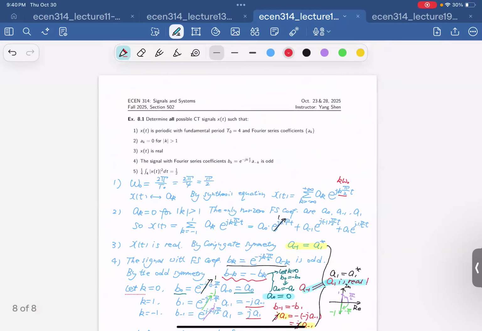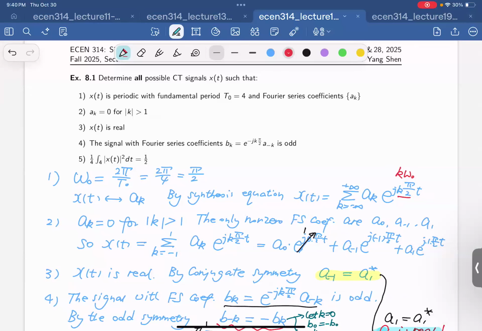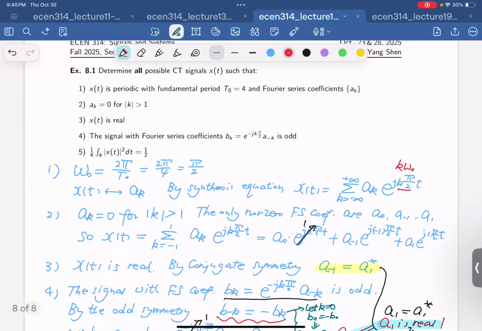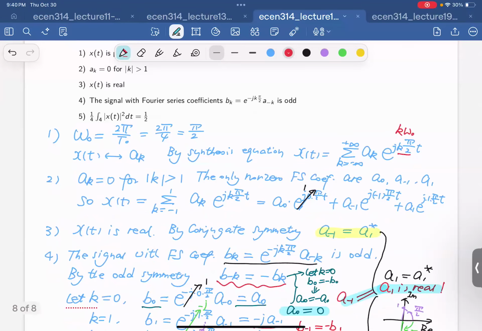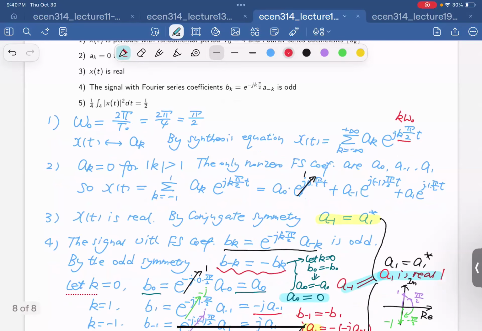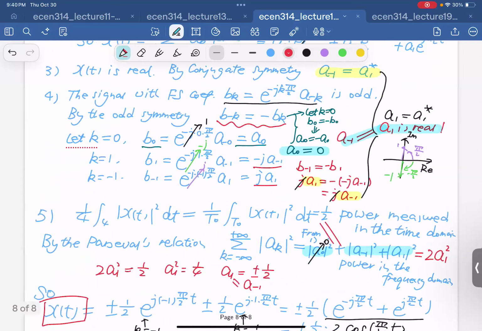Whew. We took it slow and used all the clues. And while unraveling each clue, we applied sometimes one, sometimes multiple properties of continuous time Fourier series coefficients.